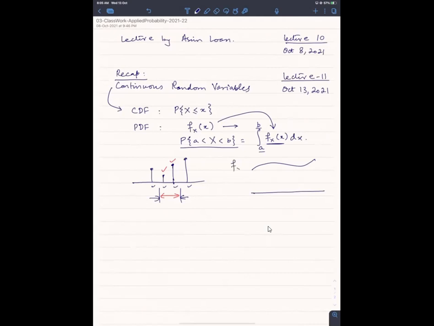This was the probability mass function for the discrete case, and this is for the continuous case. And if I ask you what is the probability that the random variable falls within this interval, once again, you will add up all the values between this guy and this guy. But in the continuous case, adding up means you find this area under the curve. So integrate from point A to point B, this density function, to get the probability that your random variable falls between A and B.